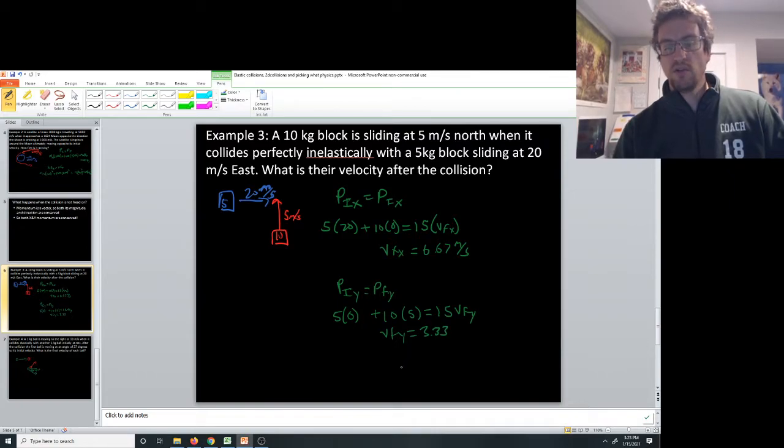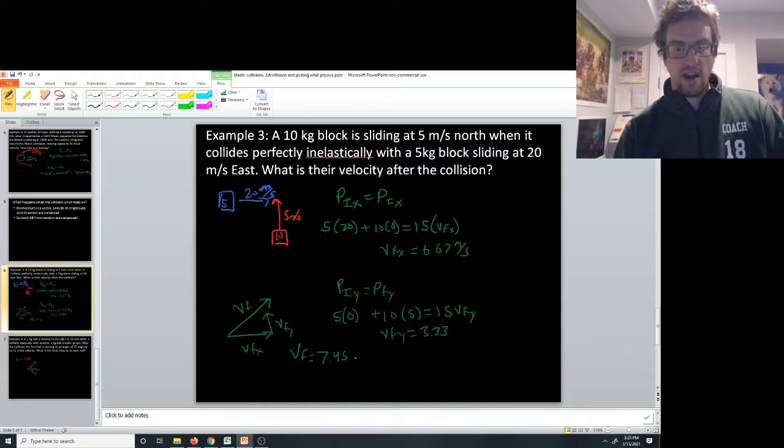And then you have to put them into a triangle, right? So the triangle is v final x, v final y, and when we do the Pythagorean theorem, v final is 7.45, and the angle is 26.6 degrees north of east.